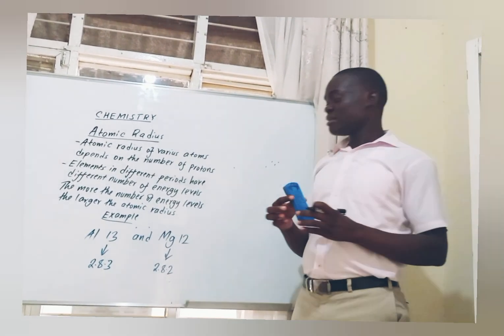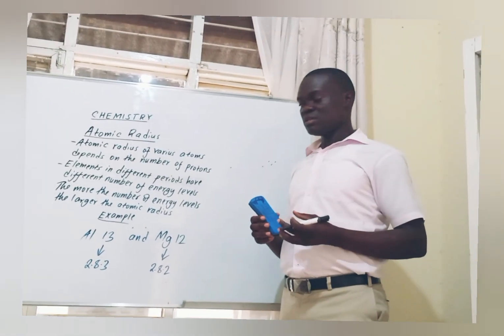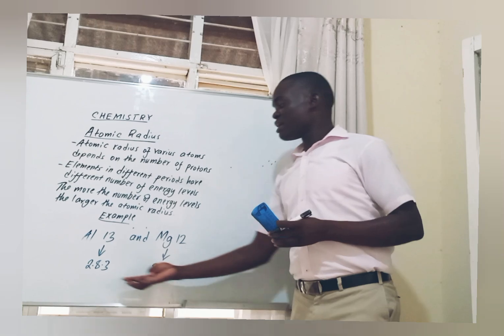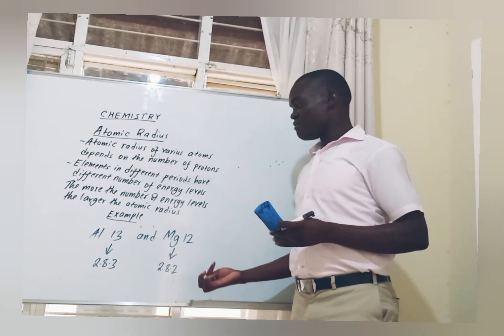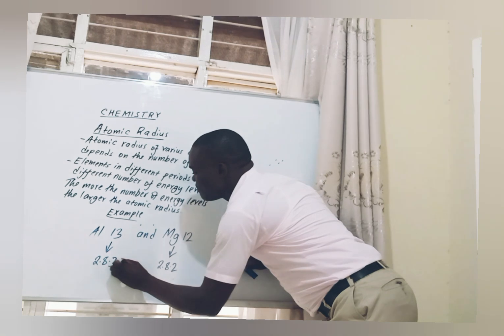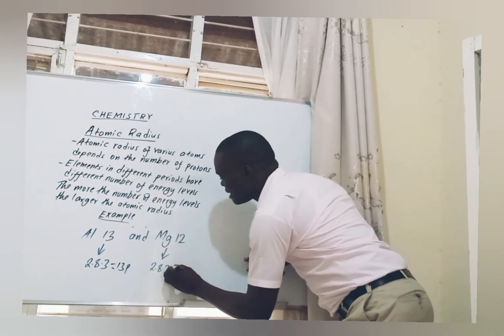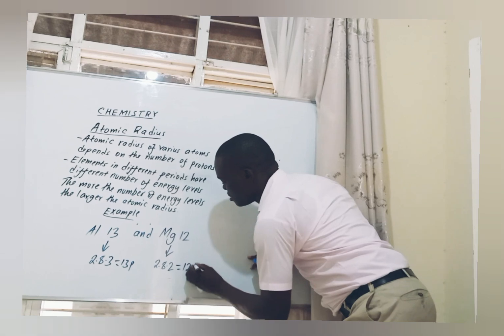In this case, because they have the same number of energy levels, we count the number of protons. Aluminium has 13 protons, while magnesium has 12 protons.